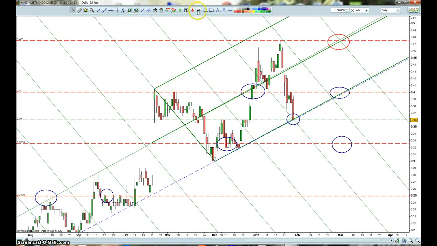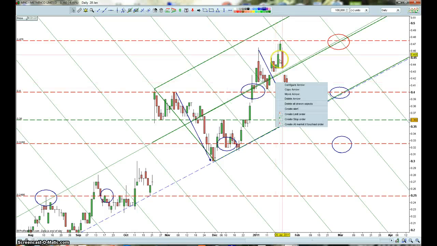The other argument for that being a support is that it's completed a range, and it's completed it with the last bar being wide ranging, and sometimes that can indicate a form of exhaustion.